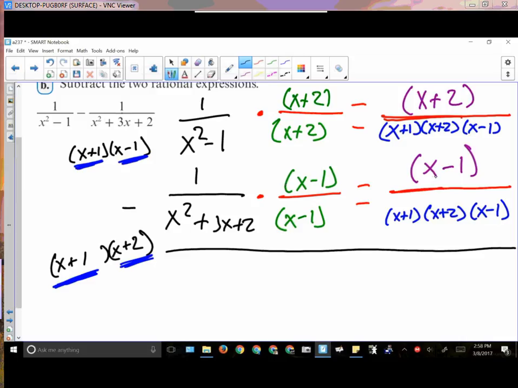They're gone, right? What is 2 minus 1? 1 over x plus 1 times x plus 2 times x minus 1. Now, you do not need to go through and FOIL that out. Generally speaking, they only expect you to get to this point, and that's it. Okay?